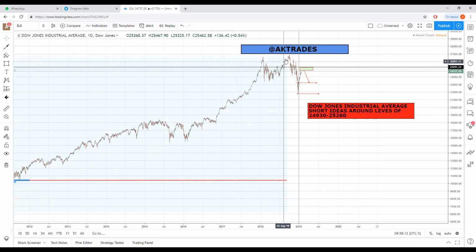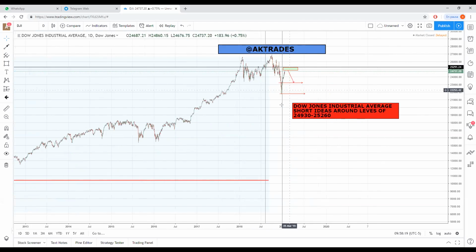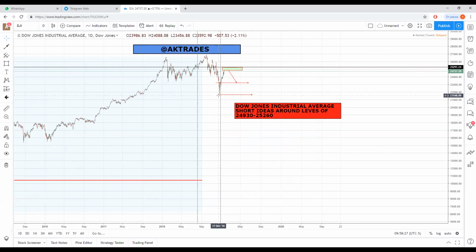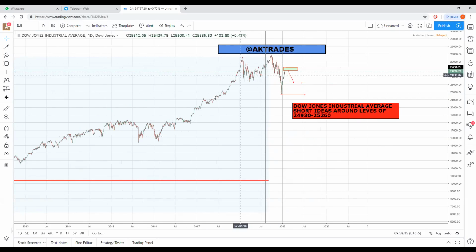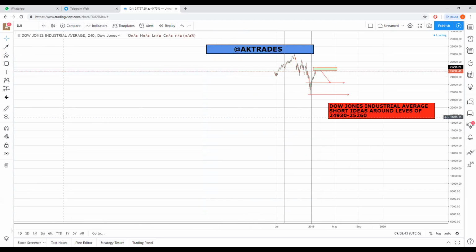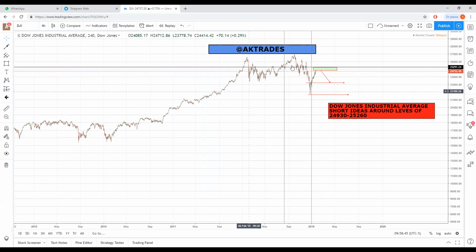We can see this because after this accumulation happened, this strong down move occurred, which is recently recovering. So after seeing this, we can go down to the 4-hour chart and see how the volumes behave in this accumulation.